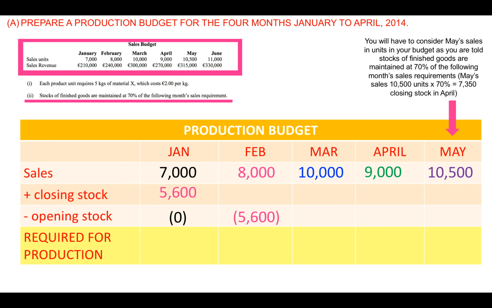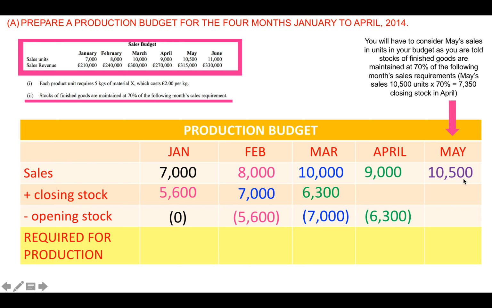So then March, 10,000 multiplied by 70% is going to be the closing stock in February. So February's closing stock is going to be the opening stock in March. Then April, 9,000 multiplied by 70% is 6,300 closing stock, and that is going to be the opening stock for April, so minus 6,300 here.